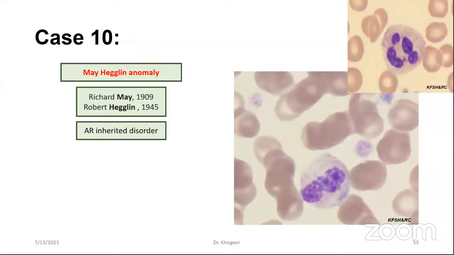The May-Hegglin anomaly is inherited in an autosomal dominant fashion owing to a mutation in myosin heavy chain 9. The May-Hegglin inclusion is due to aggregates of non-muscle myosin heavy chain 2A.